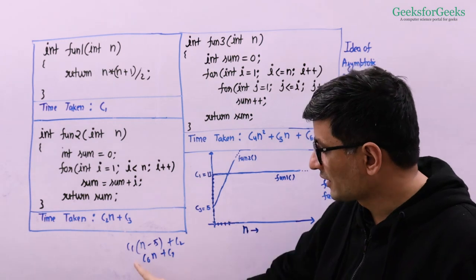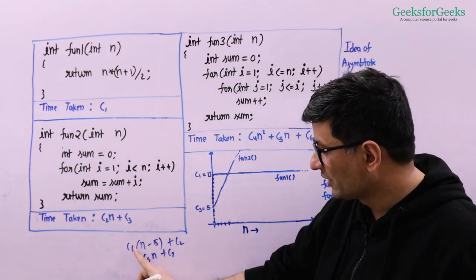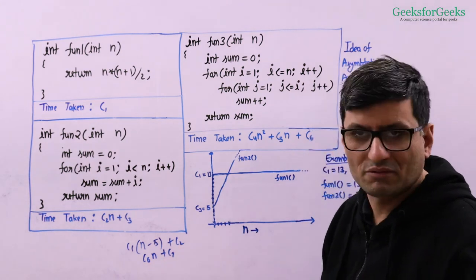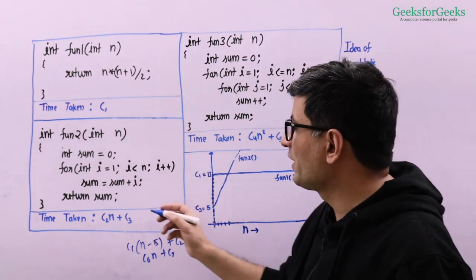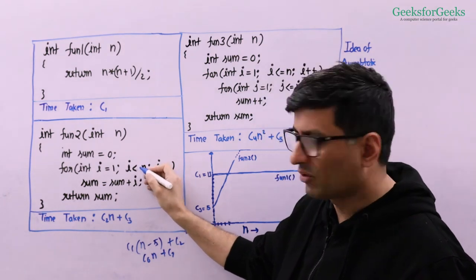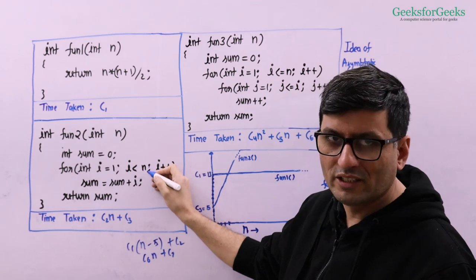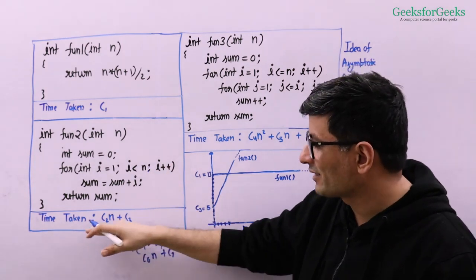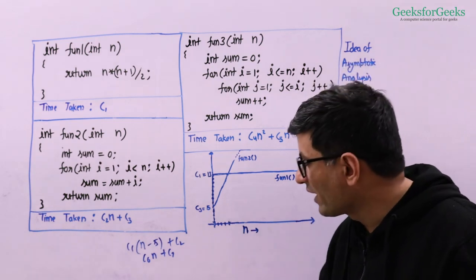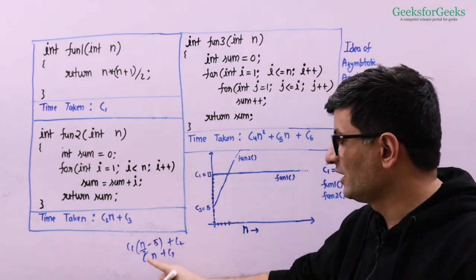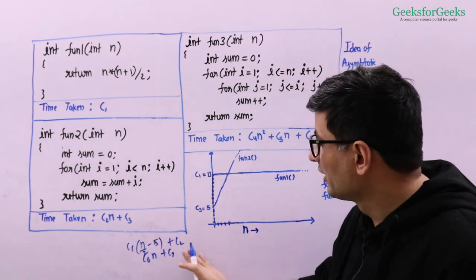Now C6 is same as C1 and C7 is C2 minus 5C1. So even if you have less than sign or you have n by 2, n by 3, it can all be written as C2n plus C3. If you have n by 2 or n by 3, then your C6 becomes C1 by 2.